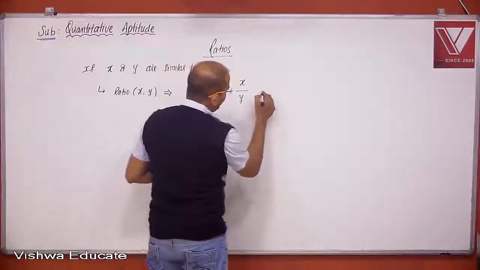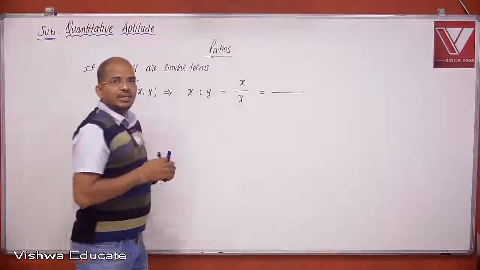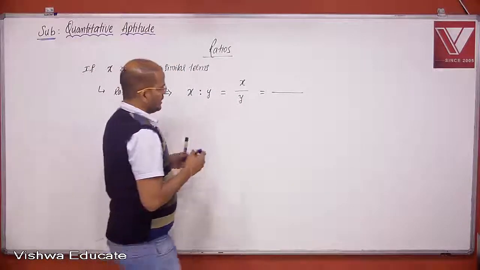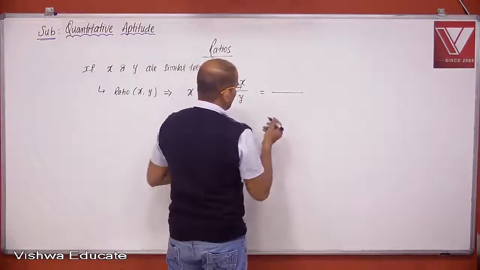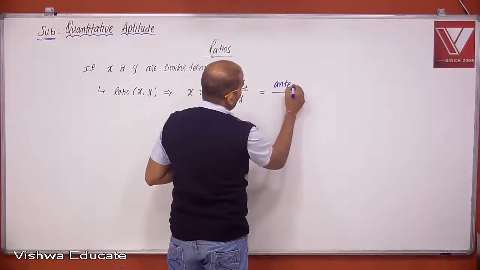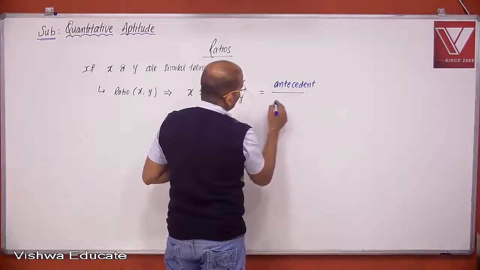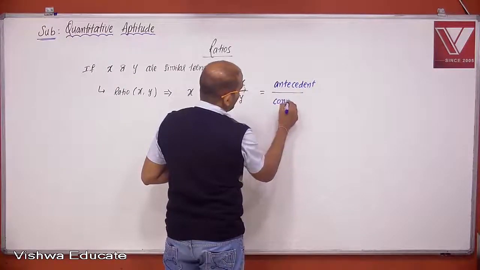And the term x is technically called the antecedent. Y is called the consequent.